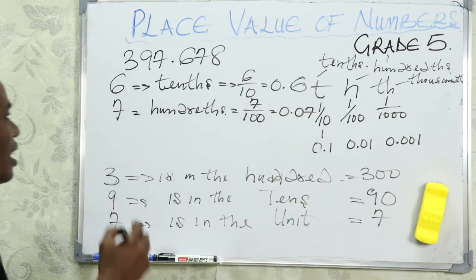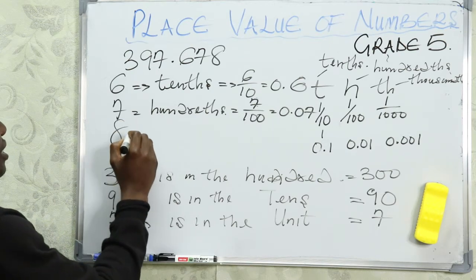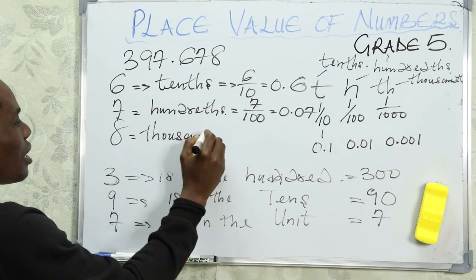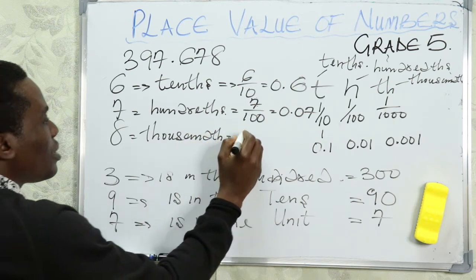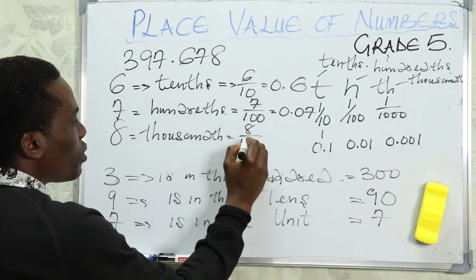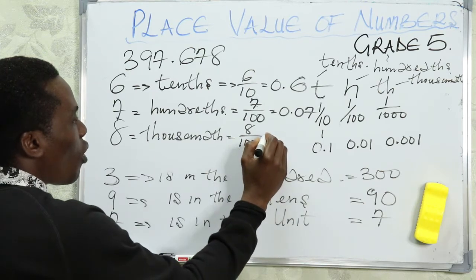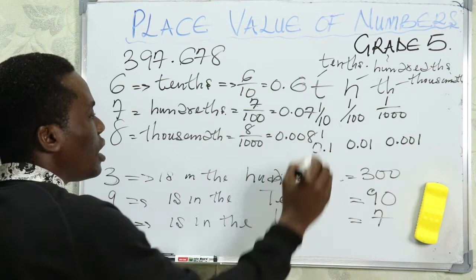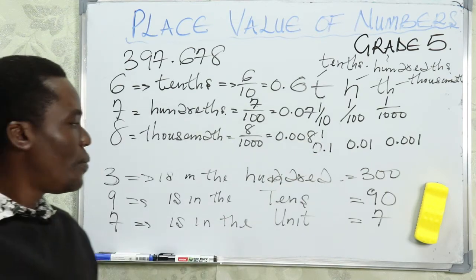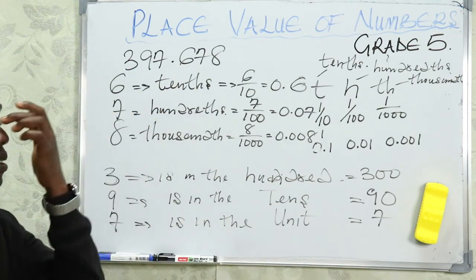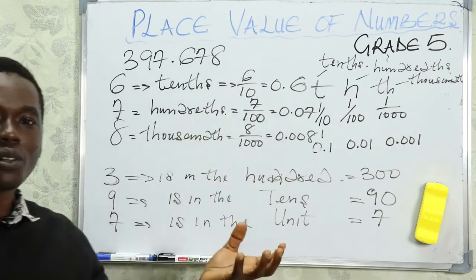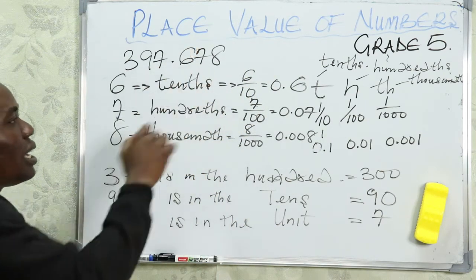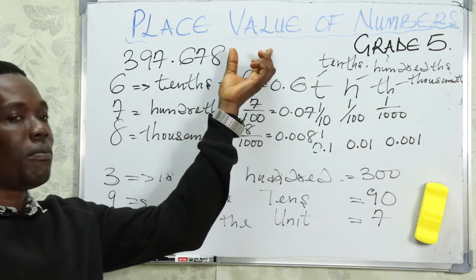Now finally, the 8 is in the thousandth place, and it is represented by 8 over 1000, or 0.008. So you see, every digit in this number that is given to us has its place value.